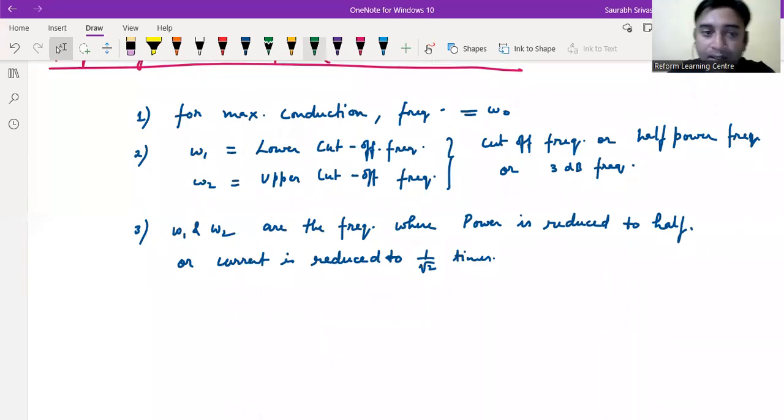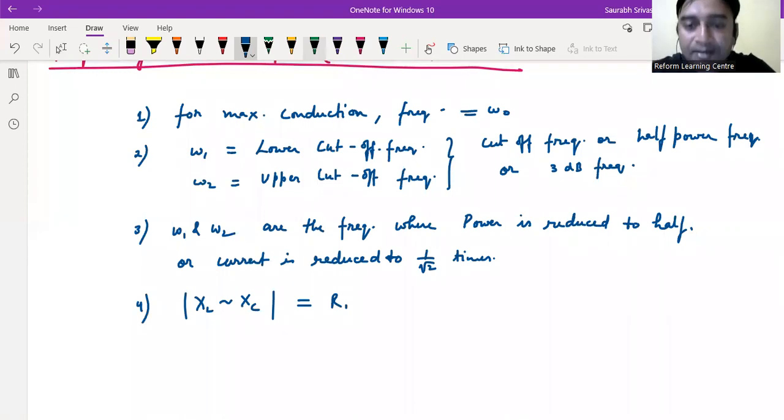Clear? And this is also when XL minus XC, आप इनका mod भी ले सकते हैं. XL minus XC must be equal to R. In that case, power will be reduced to half. This is the formula for calculation of omega 1 and omega 2.